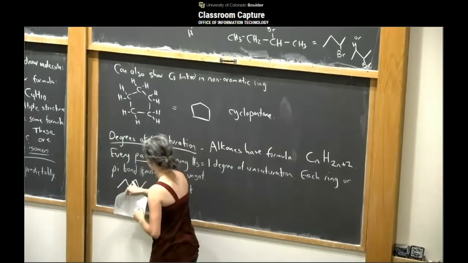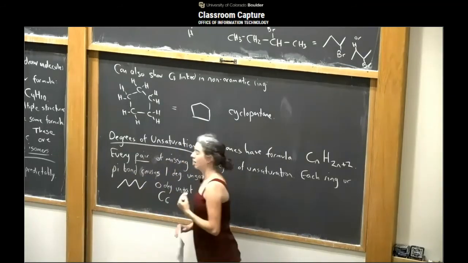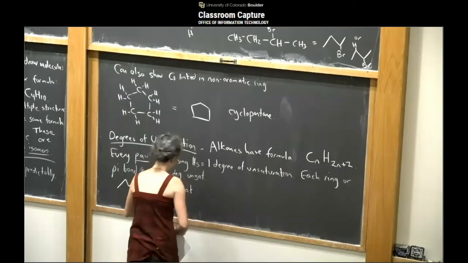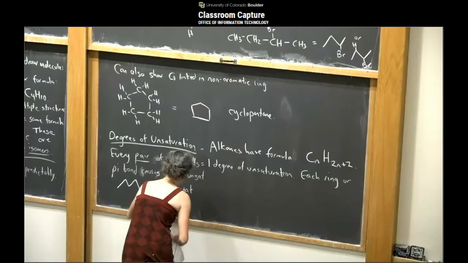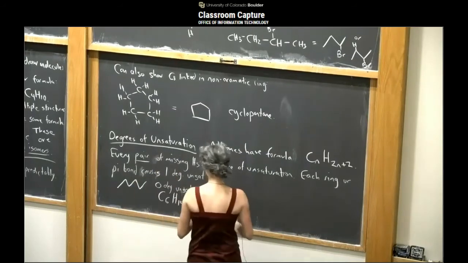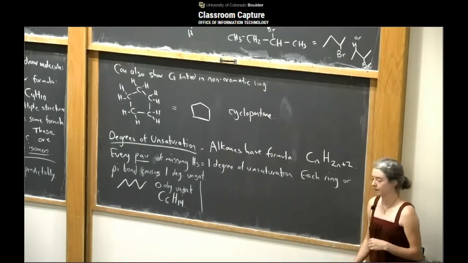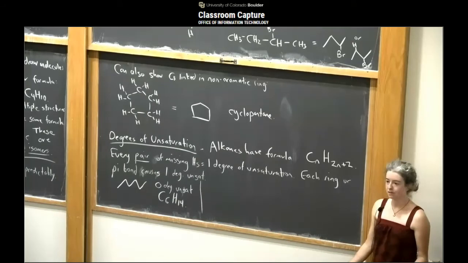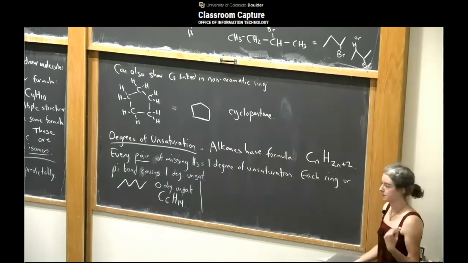With 1, 2, 3, 4, 5, 6 carbons, C6, how many H's would we expect to see here? 14, nice. C6, H2n plus 2 is 14. So we don't actually have to go through and draw all the H's explicitly and then count them. We can just look at that and count how many rings and pi bonds there are. There's 0. So if we've got 6 carbons, we're expecting 14 H's.